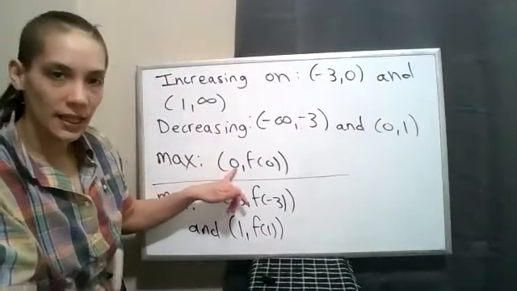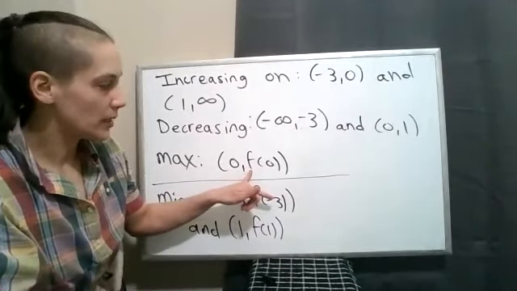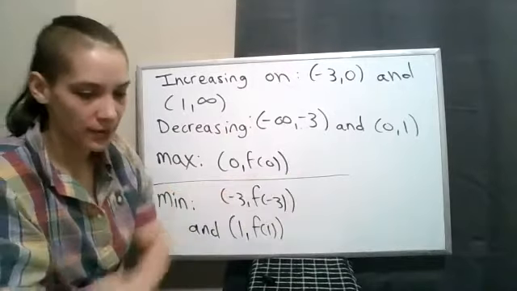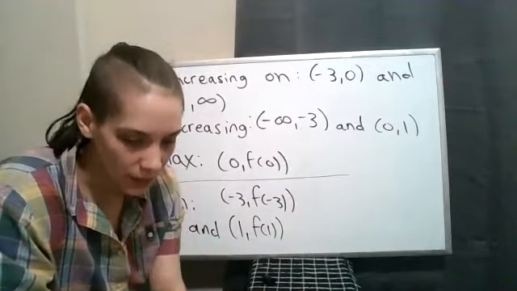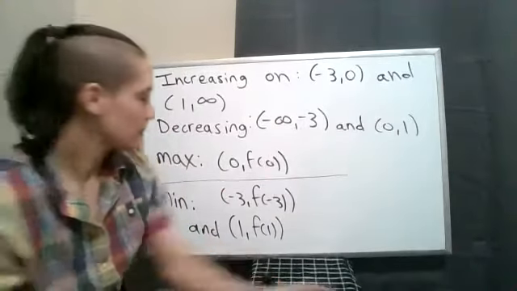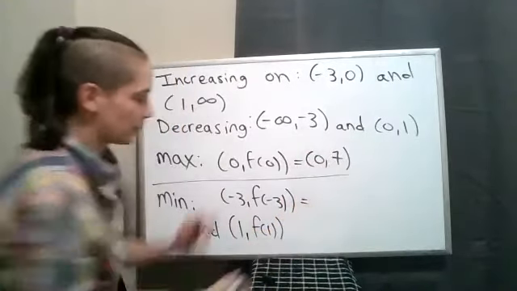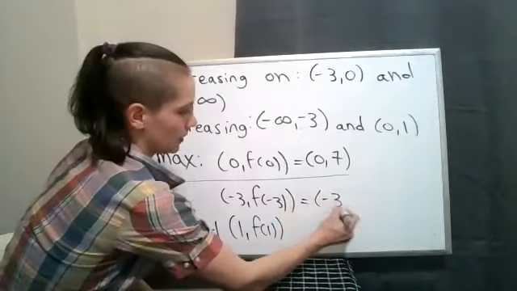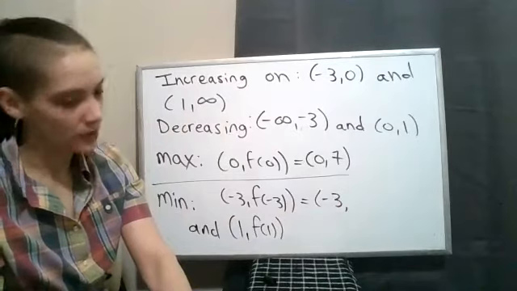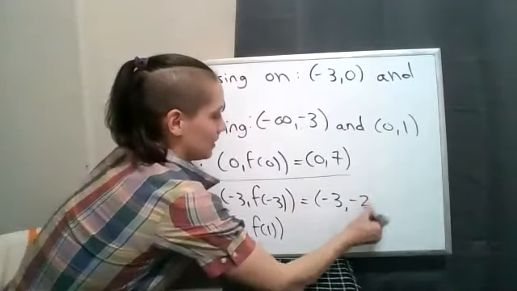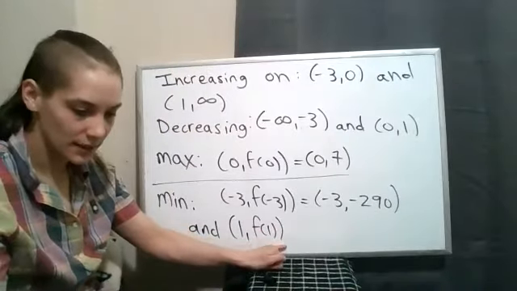Okay, so make sure you put in that x value to the original function, back to f. So if you put 0 into f, you're going to get out 7. Make sure I got that right. Actually, the function f goes blah, blah, blah, plus 7, so 0, 7. Okay, this one, -3, and the point goes to -3, -290. And then we have 1, 0.